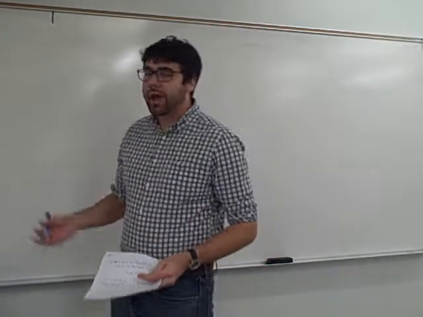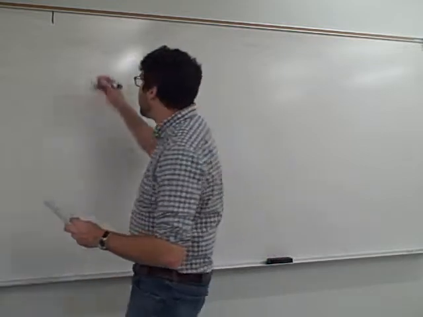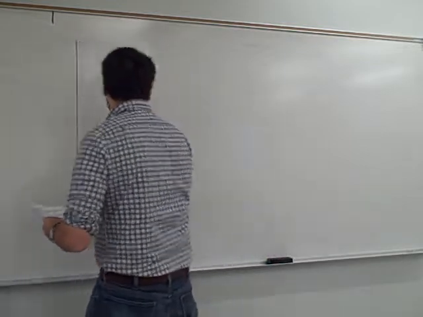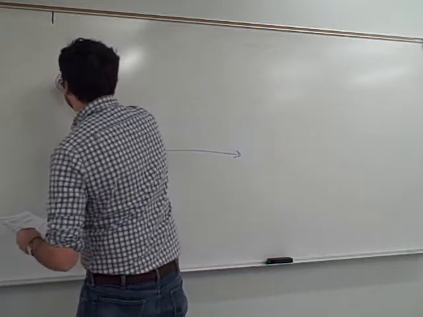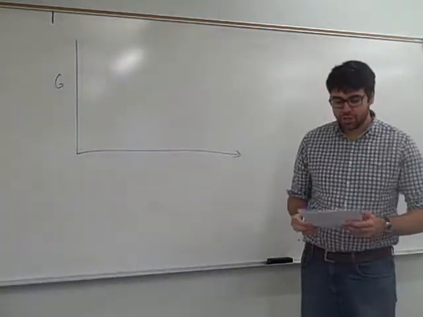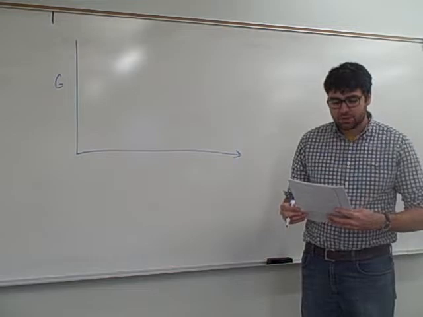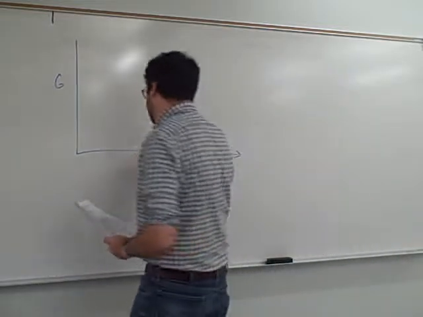So, a traditional reaction coordinate diagram: on one axis we'll have Gibbs free energy, or G, and on the other axis our reaction progress.